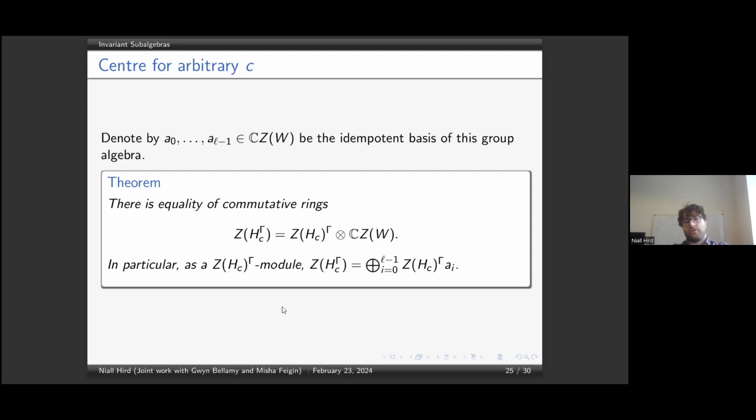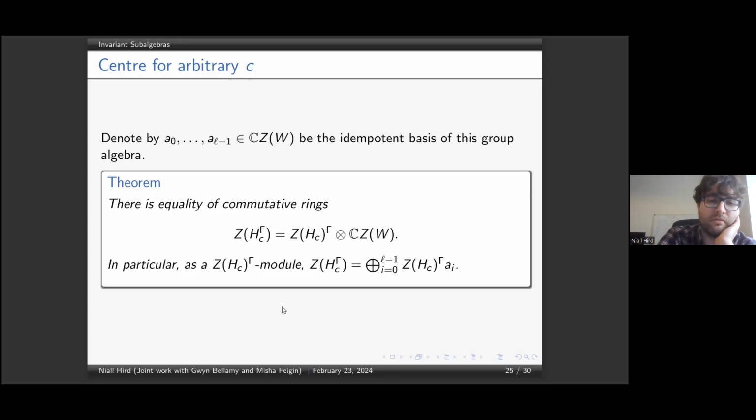Okay, and so this now is one of my favorite theorems from the paper. This tells us what the center of the algebra of invariants looks like for any C, and any reductive subgroup.